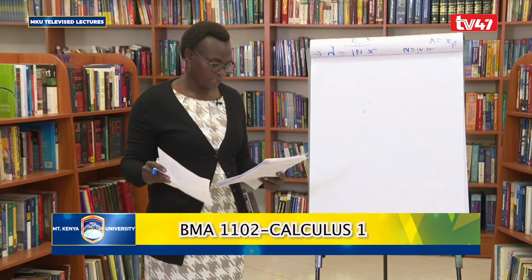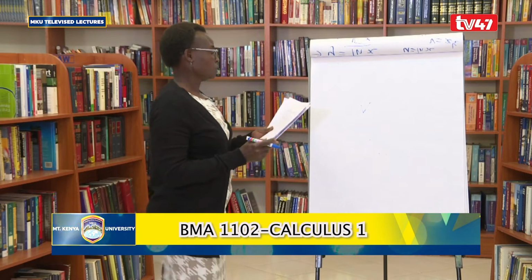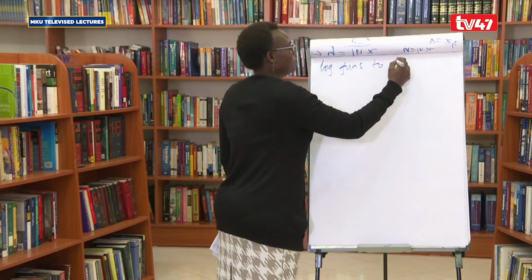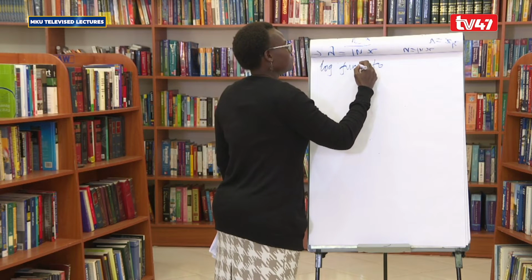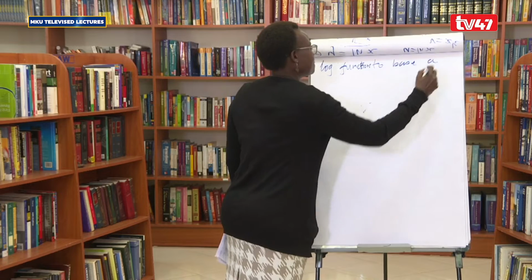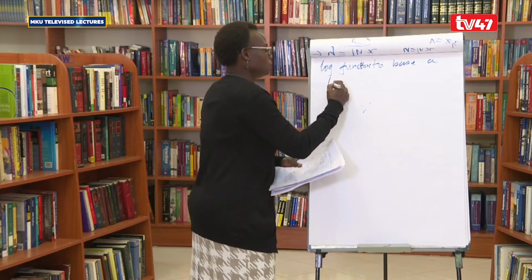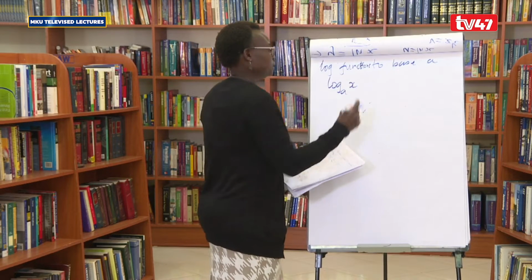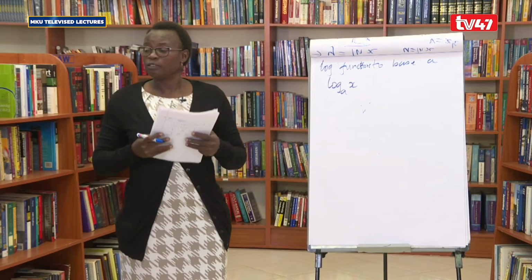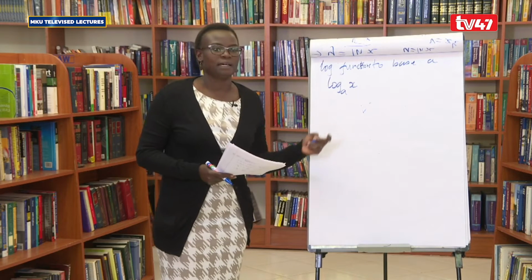We can move to the next: logarithm functions to base a, where we have log to base a of x. I remember when we were starting on the log functions, I said that we'll categorize them into two: to base e and all the other bases.